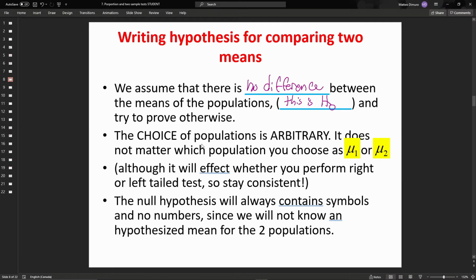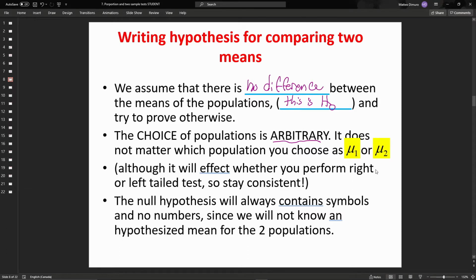The choice of populations is arbitrary. What I mean is, you have two populations, and you're going to call one of them mu1 and the other one mu2. Doesn't matter which one is which, but keep in mind that if you're comparing notes with someone else and they named the populations the other way, it is going to change their work a little bit.